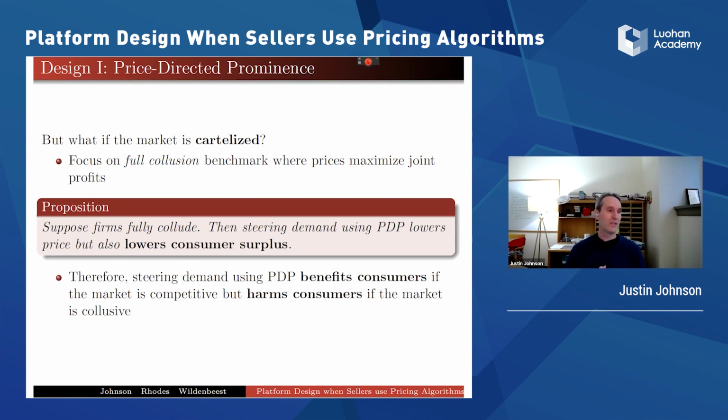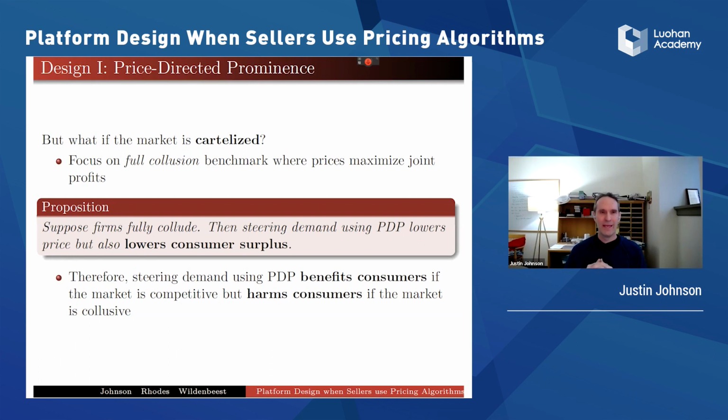But hold on, we've been assuming that sellers compete in each period. What if that's not true? So the next question we ask is, what if just the opposite is true? What if the merchants form a cartel? We're going to focus on the full collusion benchmark, where the firms value the future highly enough that they can perfectly collude today.